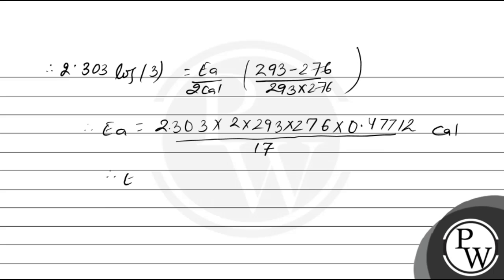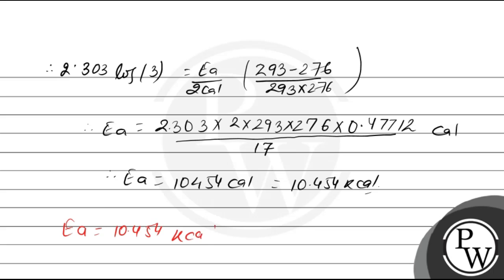So Ea equal to 10,454 calorie, which is equal to 10.454 kilocalorie. So activation energy of the reaction is equal to 10.454 kilocalorie. Answer. Let's proceed to second part of the question.